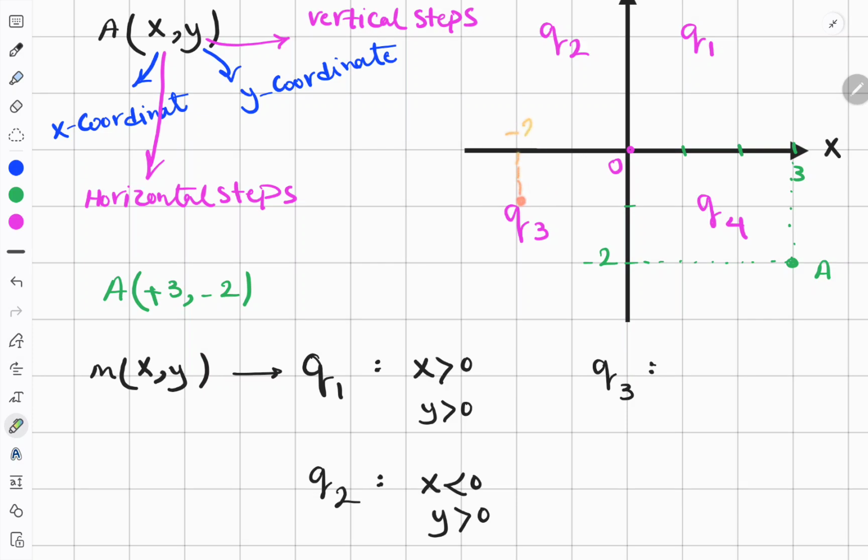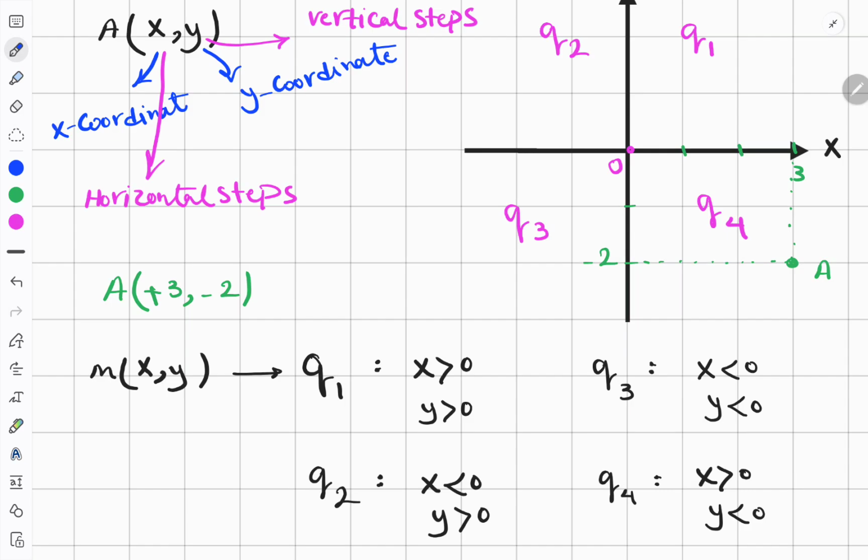The x coordinate is a negative number and the y coordinate is a negative number as well. So x and y are both negative. Last but not least, Q4. For example, we have a point here. x is a positive number, but y is a negative number. So x is positive and y is negative.